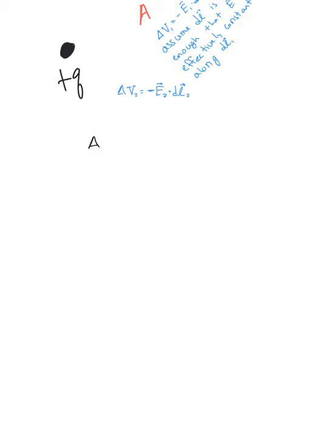So delta V total looks like delta V1 plus delta V2 plus delta V3 plus delta V4, etc.